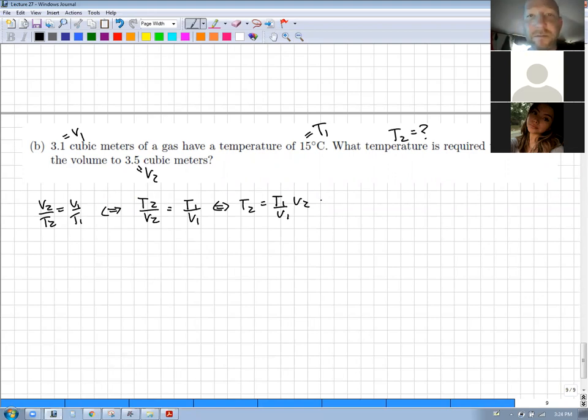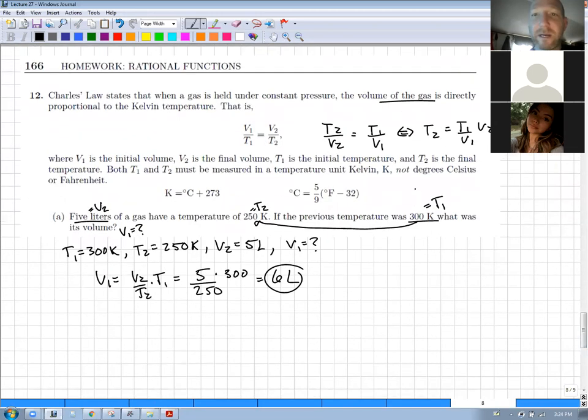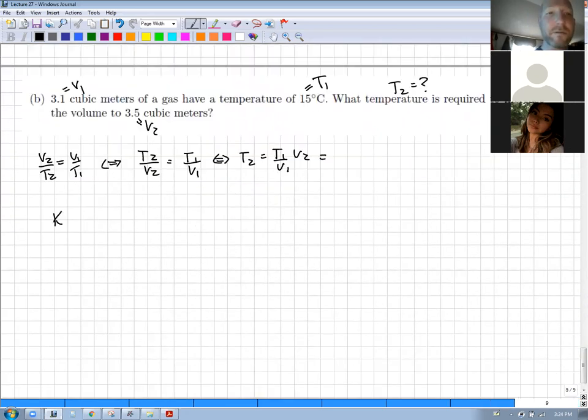All right, so here T2 would be, let's see, T1 is, well, this is Celsius, right? This thing says that it has to be in Kelvin. So Kelvin is Celsius plus 273. Since we know that, we need to convert T1 here because T1 is 15 degrees Celsius, right?